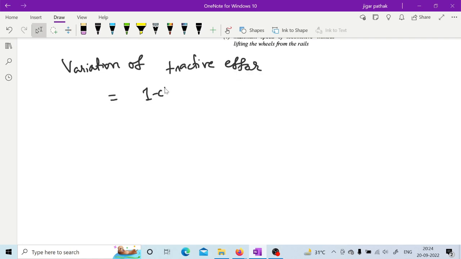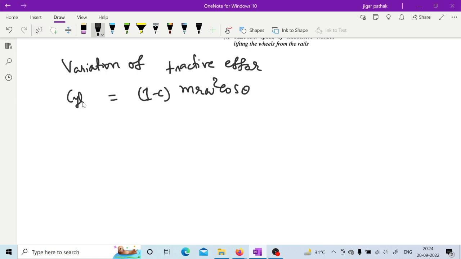This is the horizontal component as we have seen recently. In case of balancing of the reciprocating masses, this is the unbalanced force in the horizontal direction, (1 minus c) m r omega square cos theta. Now in case of your locomotive, you will have two cylinders.